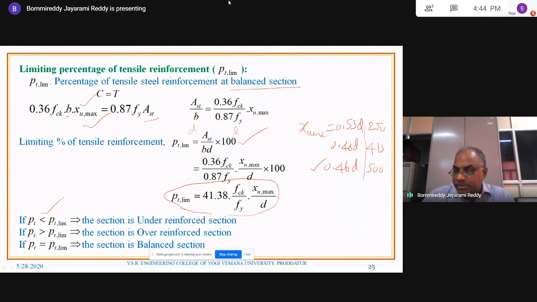If the actual percentage of steel reinforcement is less than the limiting, it is under reinforced. If the actual percentage is more than the limiting, it is an over reinforced section. If both are equal, it is called the balanced section.